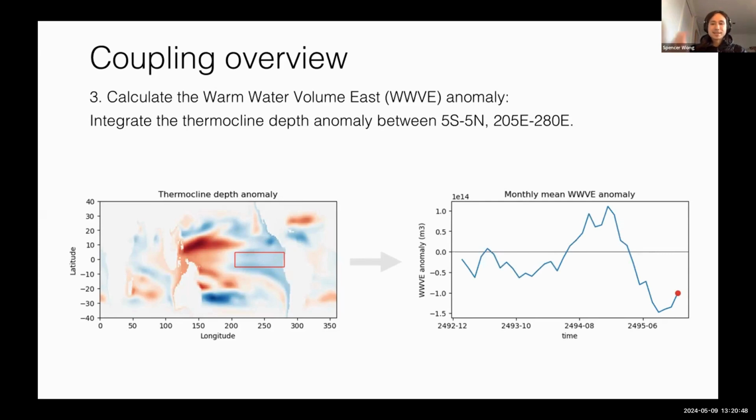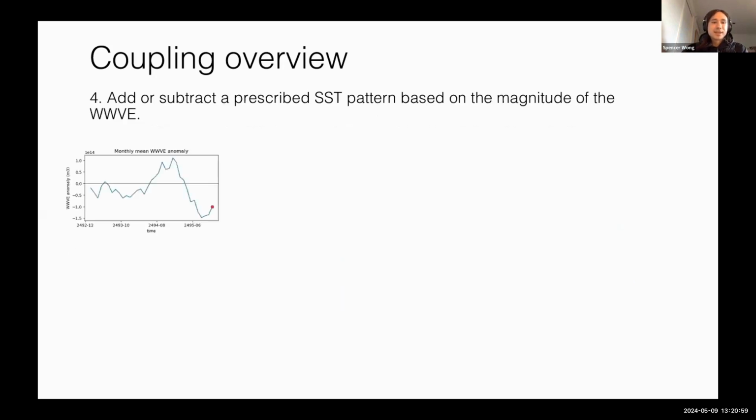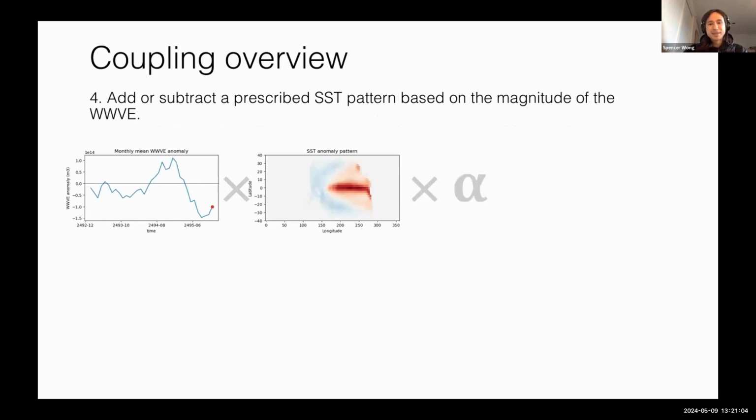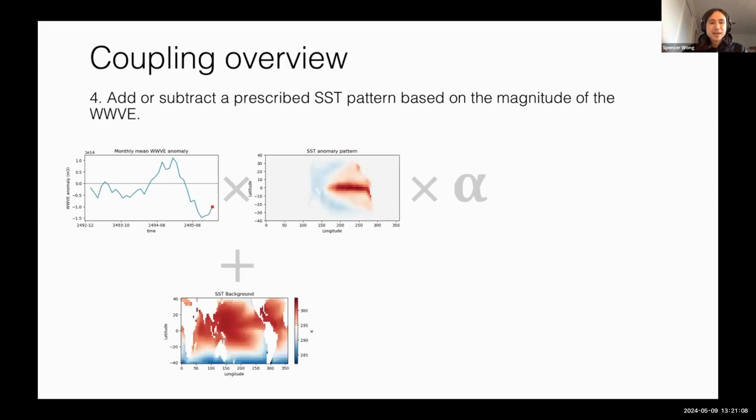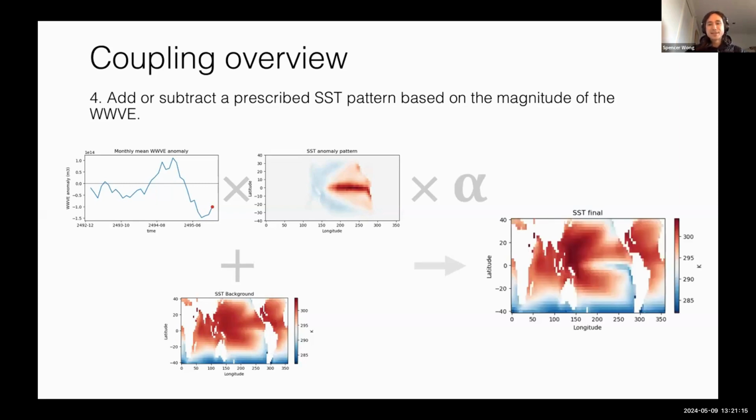We use this value of the anomaly to modulate a prescribed sea surface temperature pattern on top of the background sea surface temperatures. So we take our warm water volume anomaly, multiply it by some pattern and also a parameter, which we'll call a coupling coefficient, and add that result to our background sea surface temperatures to get a final sea surface temperature that the unified model then runs its next time step using.